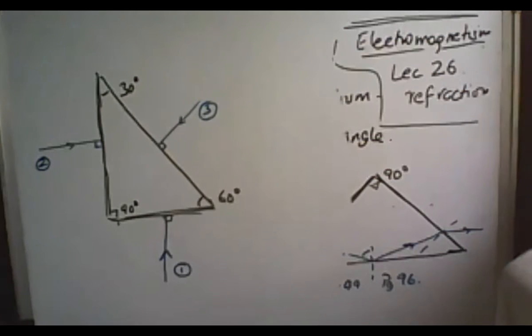So work out all these different possibilities. They will not give you any possibility in which you have to apply Snell's law in order to figure out what is the angle of refraction. So by just simply using angle properties, you should be able to work out the entire path of the ray until it emerges from the prism.